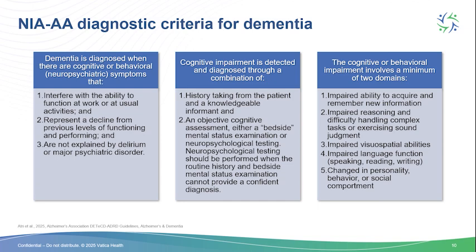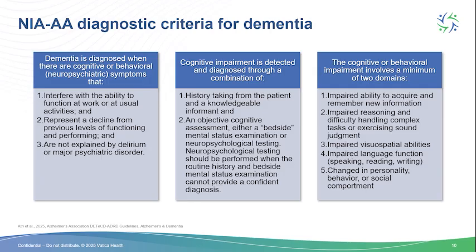Cognitive impairment is detected and diagnosed through history from the patient or someone that knows them and an objective cognitive assessment. Neuropsych testing should be performed when the routine history and cognitive assessment don't provide a confident diagnosis. Cognitive or behavioral impairment must involve a minimum of 2 domains. And I have the domains here for your reference.